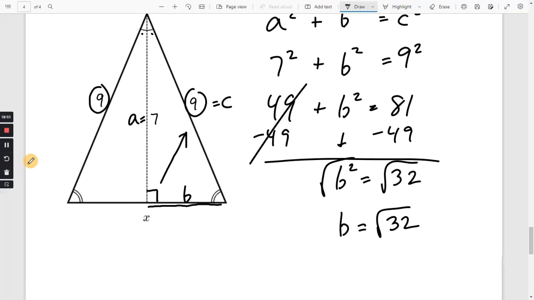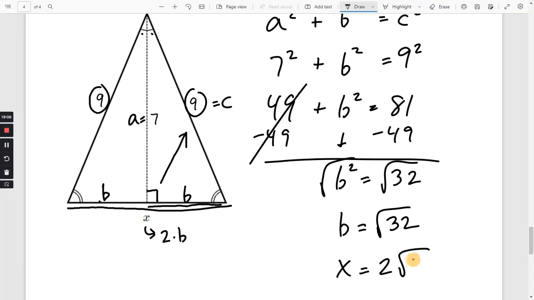Now, if we want to solve for X, that's the whole thing right here. So if this is B, this one is also B, and X is just going to be 2 times B. So X is just going to be 2 radical 32.